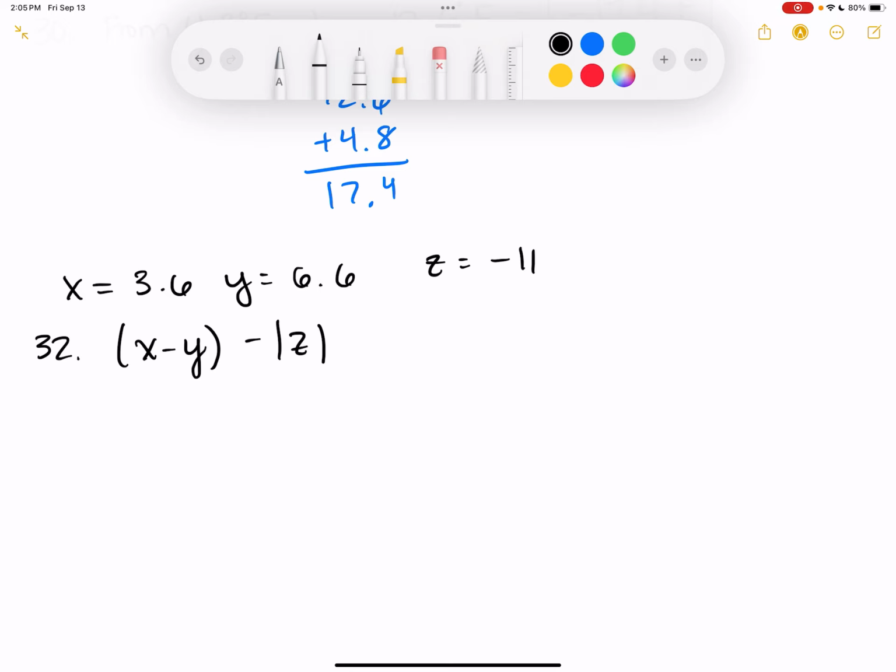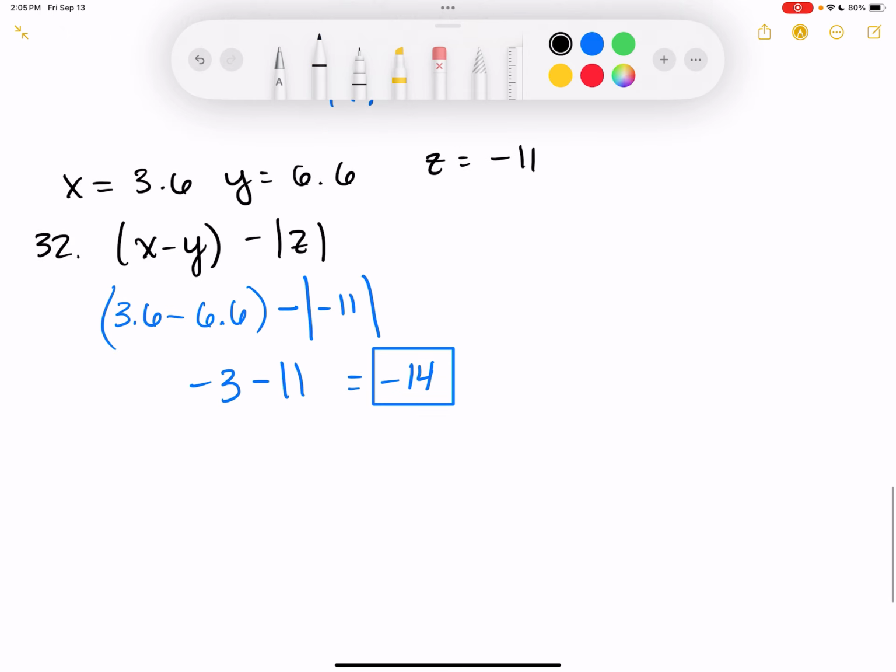I plug in our numbers: 3.6 minus 6.6 minus the absolute value of negative 11. So 3.6 minus 6.6 is negative 3. Minus, what's the absolute value of negative 11? 11. So then negative 3 minus 11 is negative 14.